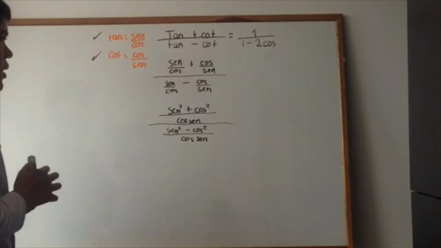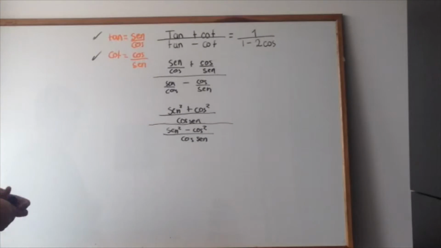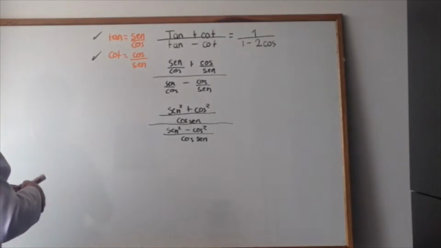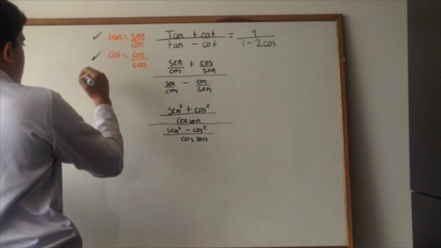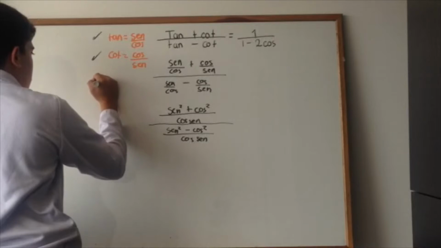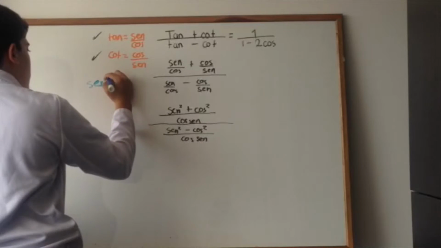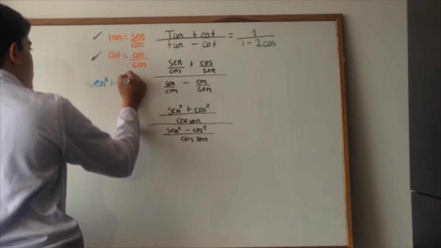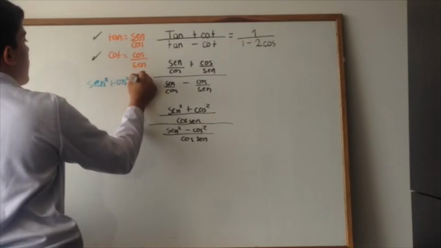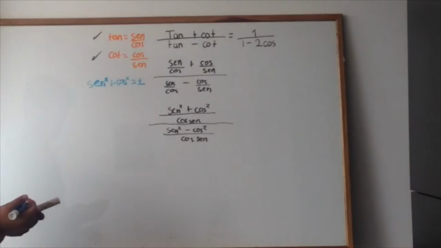Well, we need to use a trigonometric identity. Sine square plus cosine square equals 1.